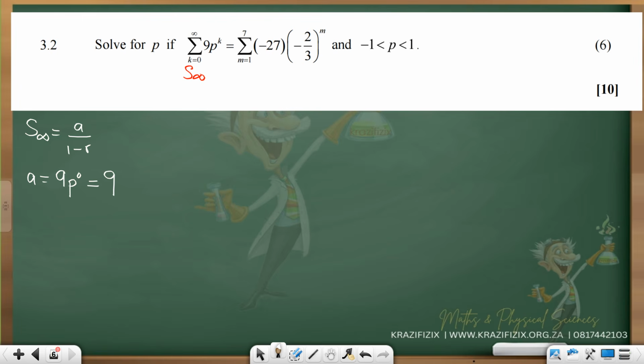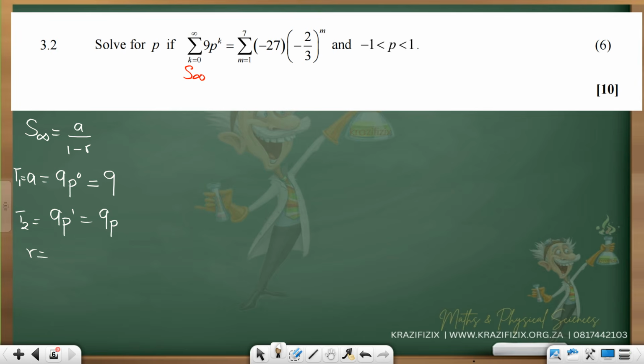But to get R, I'm going to need T2. Because I know R is T2 over what? T1. By the way, this one is also T1. So what is T2 going to be? 9P. I have used the 0, so it goes to 1. 9P to the power of 1.